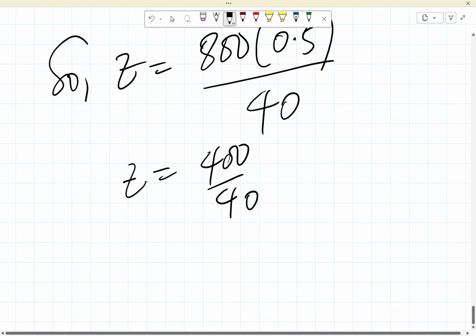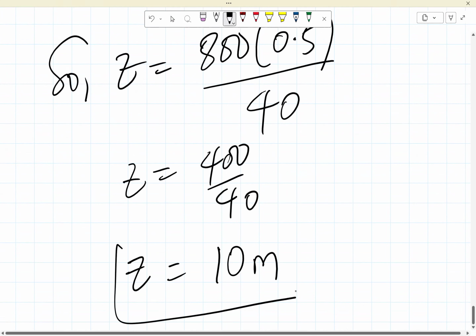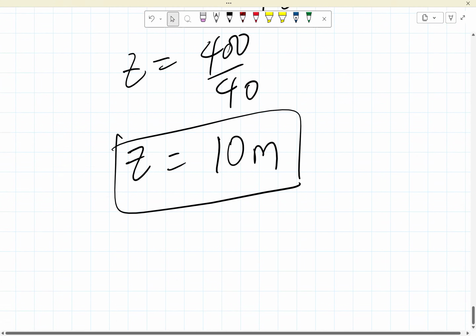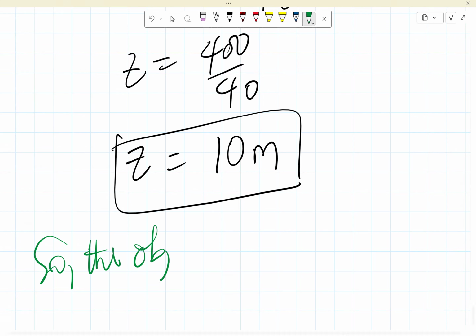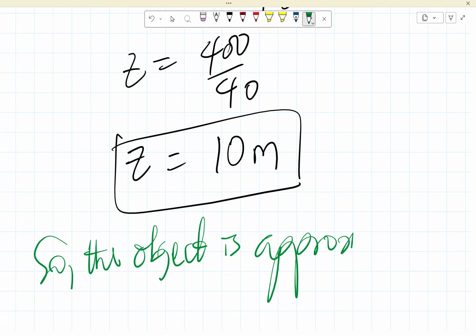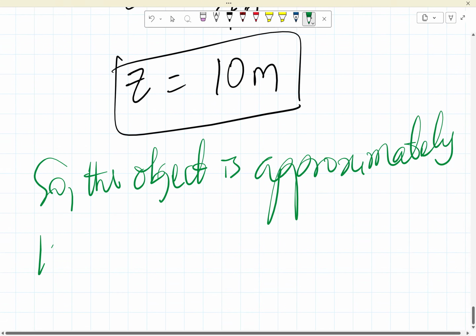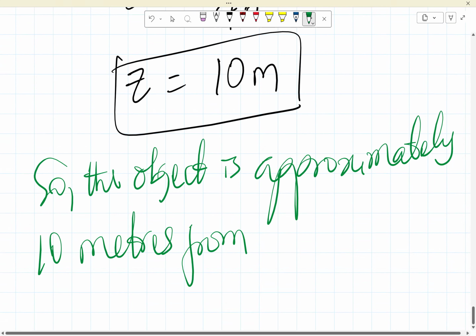That means z is equal to 10 meters. That's the stereo depth right there. So the object is approximately 10 meters from the camera.